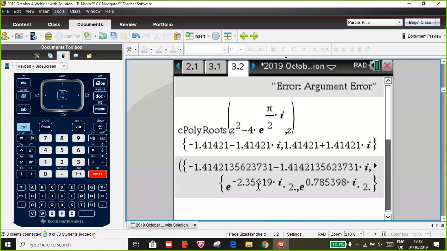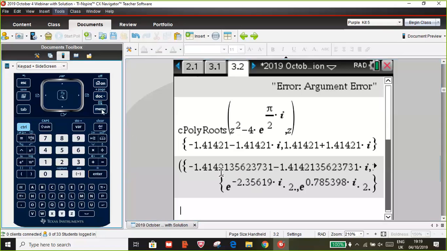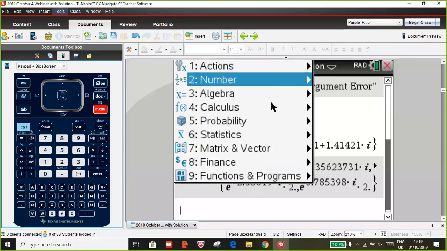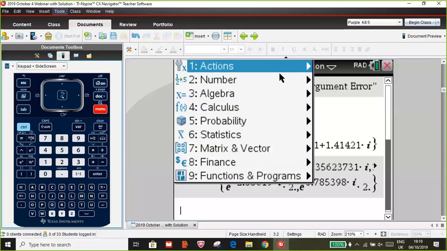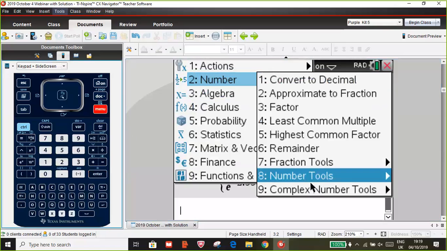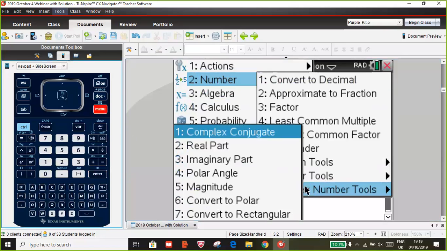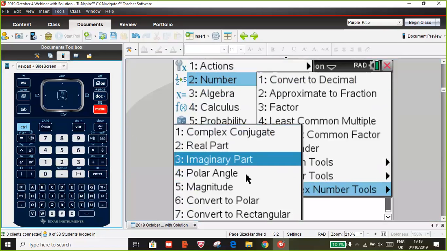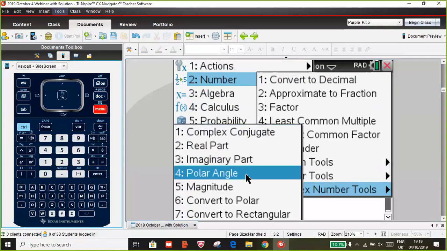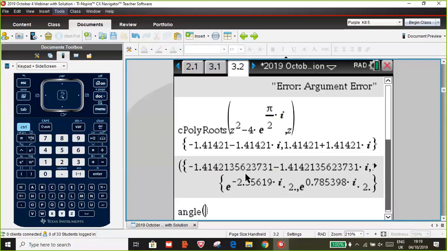To get the argument of any complex number, all we need to do is call out the menu under number, complex number tools. We want the polar angle of the answers that we have.